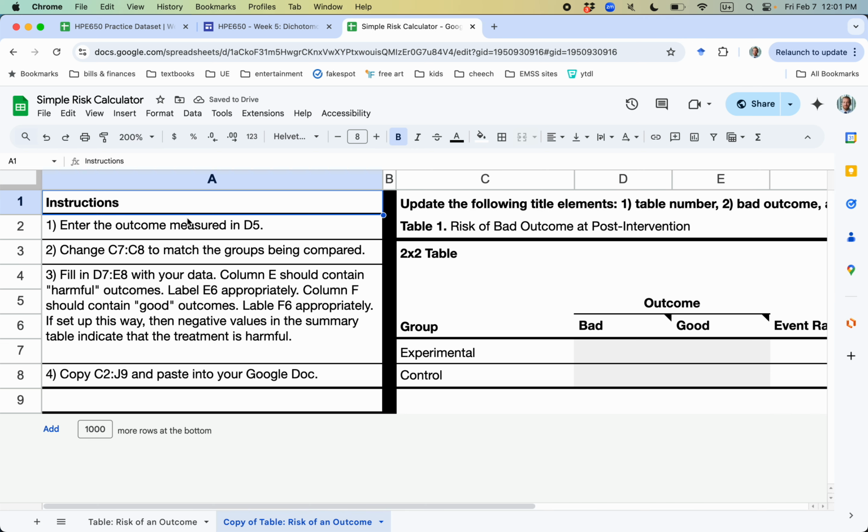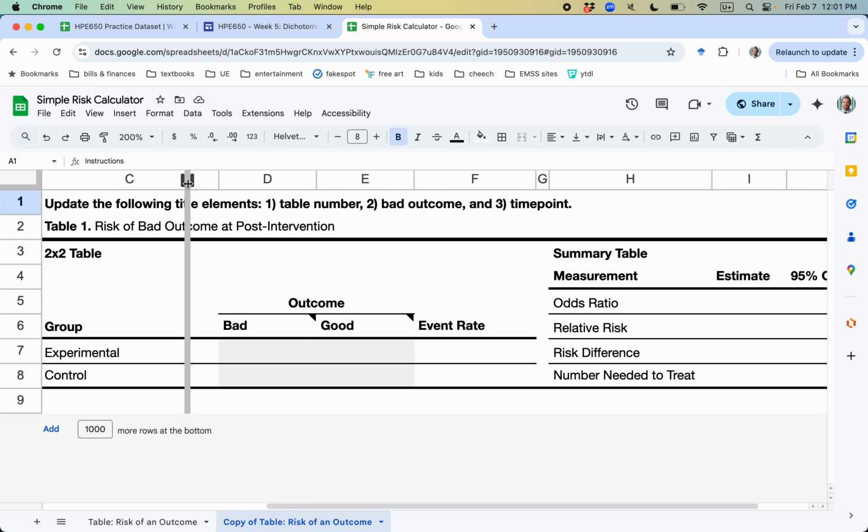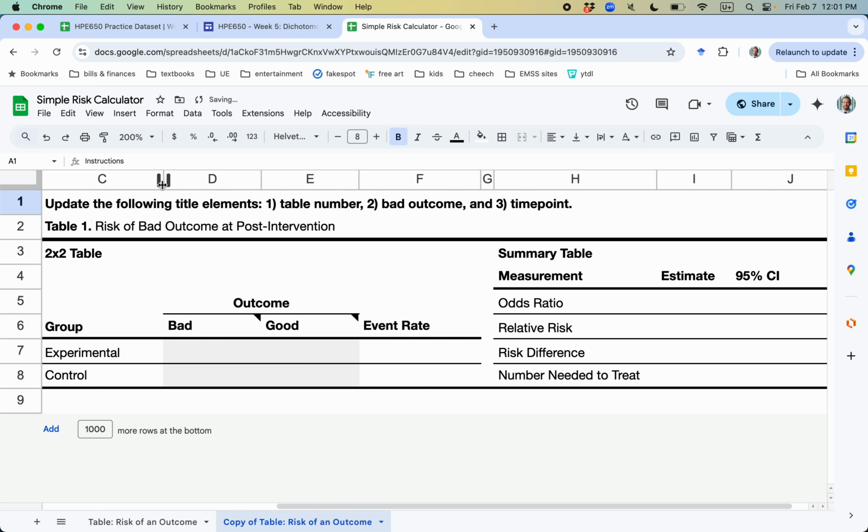And if we zoom in a bit so we can read it, there's some instructions. I know how to use this, so I'm going to go ahead and do it. All right. I'll scoot this over so we can see everything. You can see it tells you where you want to put things. So what's my bad outcome? I would say pancreatitis is a bad outcome. And not having pancreatitis would be the good outcome.